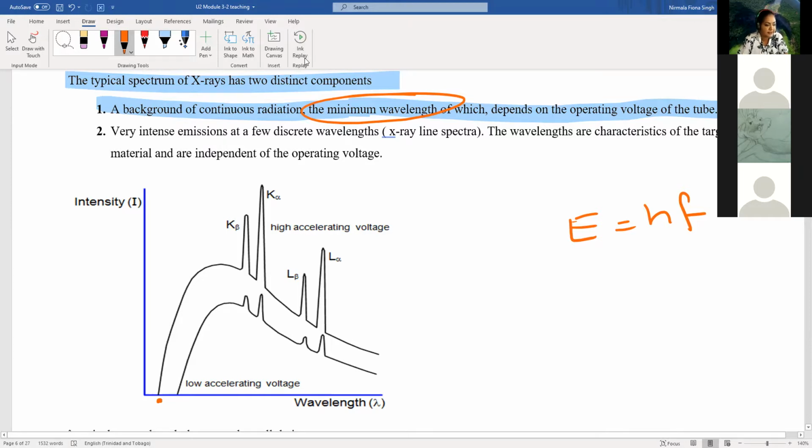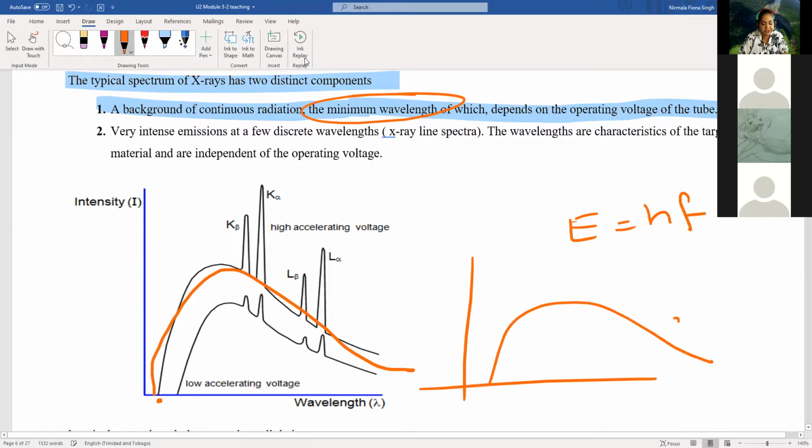So what is our continuous radiation? Our continuous radiation is this curve. Just the smooth curve, if you have a graph, this smooth curve is your continuous radiation. This is the continuous set of X-rays that are given off all the time. And then we have a few intense emissions at a few discrete wavelengths, and this is called the X-ray line spectra.